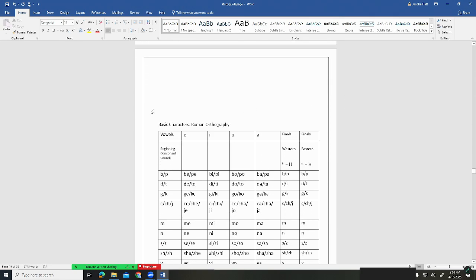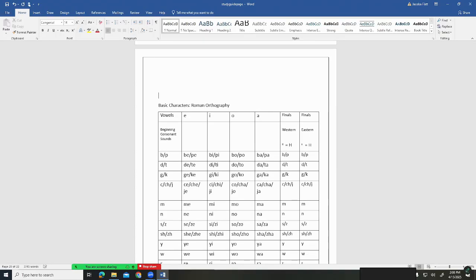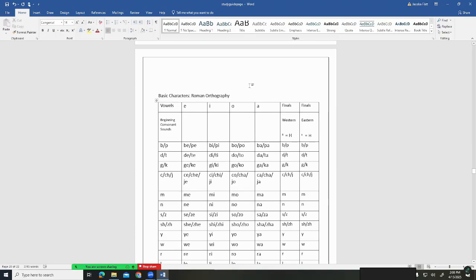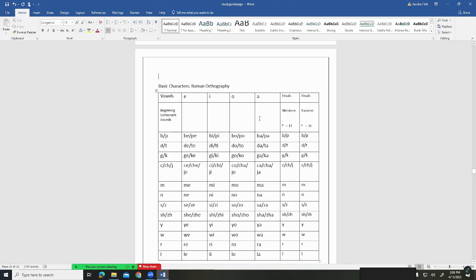This is how the chart will look in Roman orthography for the basic characters, written in English.